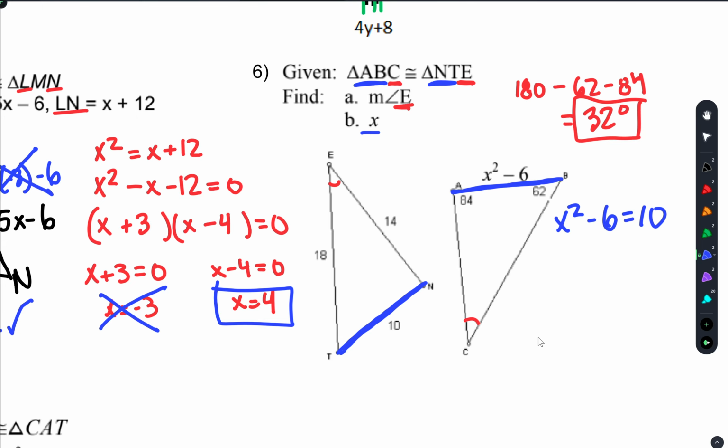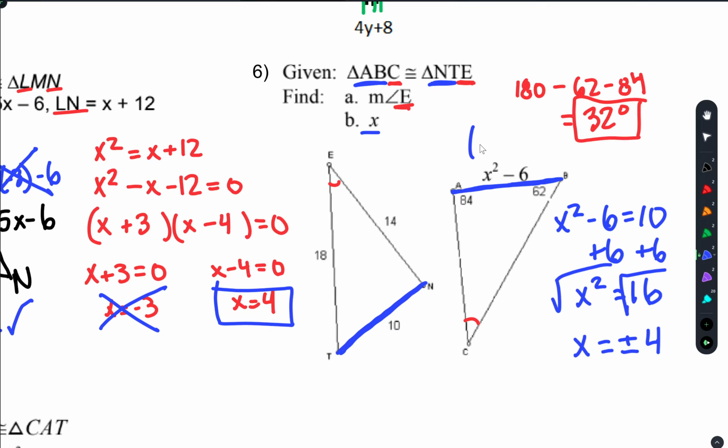This one only has an x squared. There's no x, so I don't have to factor this one. I can add 6 to both sides. x squared equals 16. I square root both sides. What do we need anytime we square root both sides? Dahlia? Plus or minus.